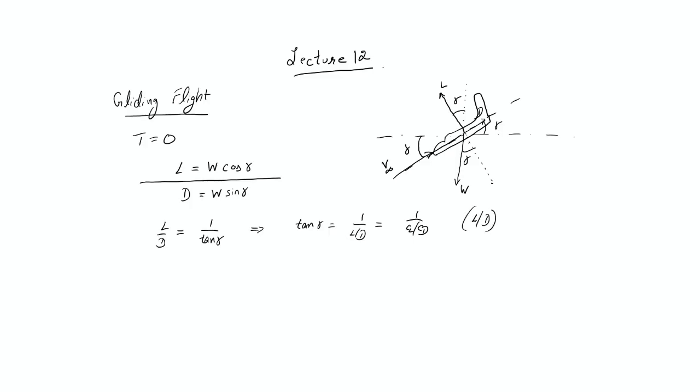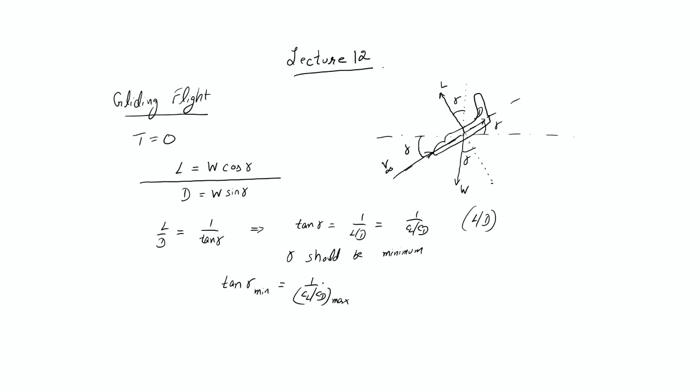To travel the maximum horizontal distance, this gamma should obviously be minimum. So we will have tan gamma minimum equals 1 upon CL by CD maximum.